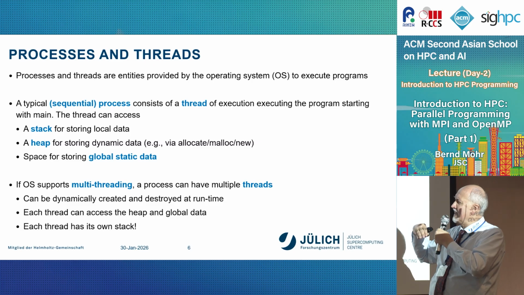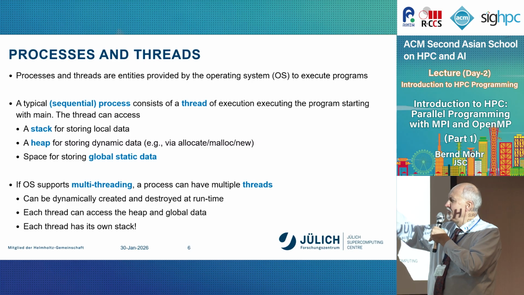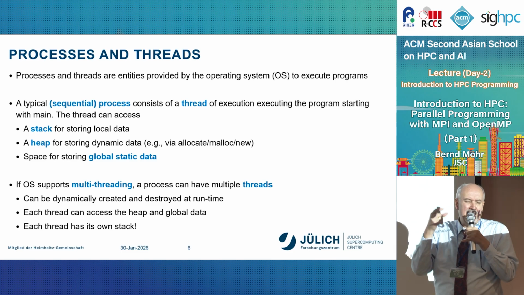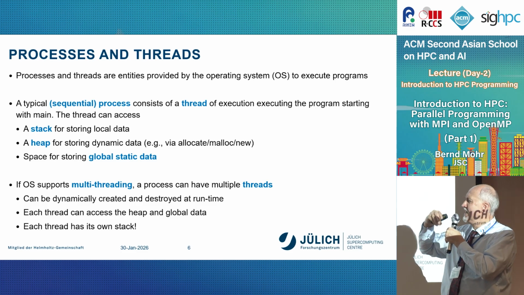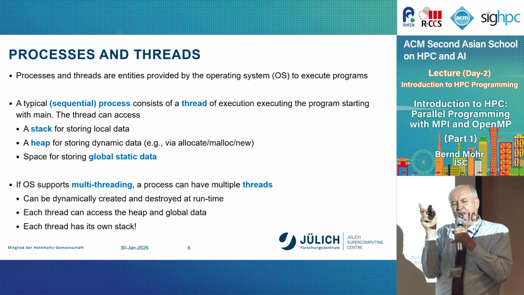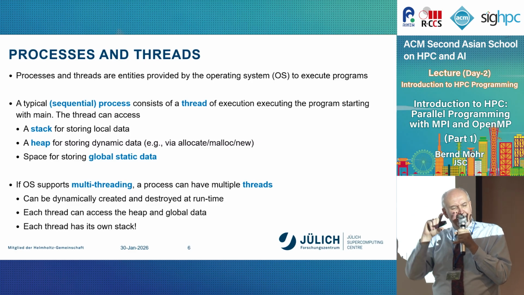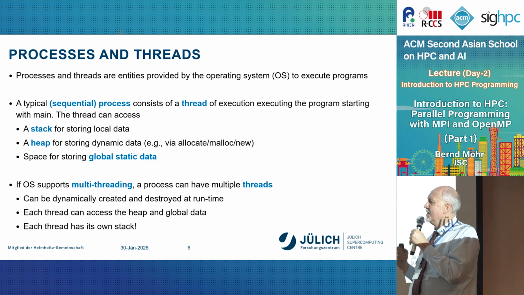And it's typically split up into 3 areas. There's the actual memory, which is called global static data. Then you have a stack, which helps you have local data, so data which are basically the parameters of a function or stored inside a function and not for the whole program. And then you have a heap for dynamic data.